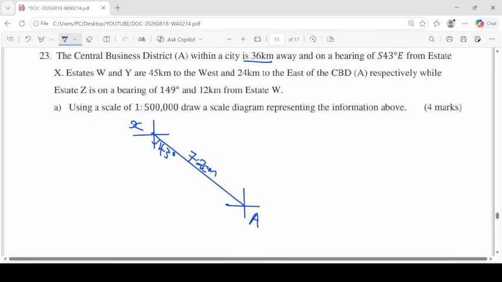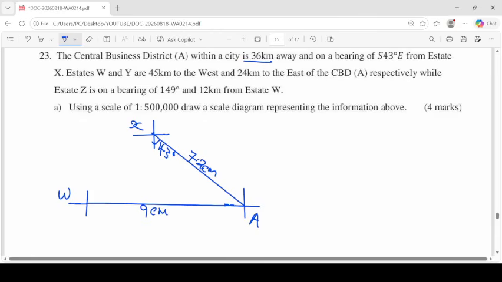This becomes 9. So to the west is this particular direction, up to maybe this particular point. So this is W. This is 9 centimeters.